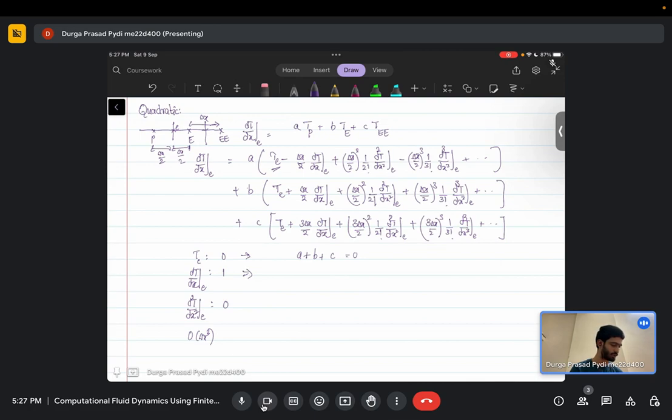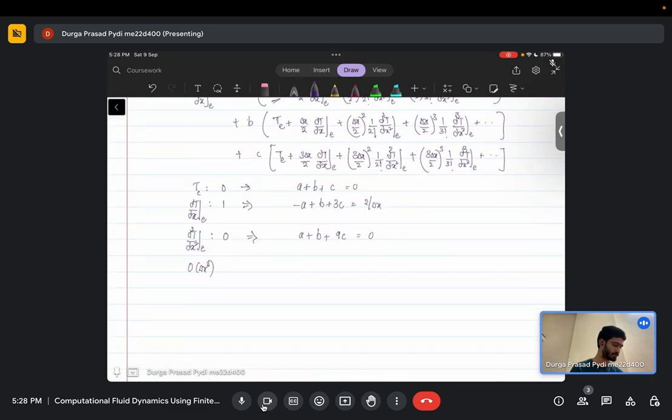From the second equation we have minus A delta x by 2, or if I just take delta x by 2 to the other side, we have minus A plus B plus 3C equals 1 times 2 over delta x. And from the last equation we have A plus B plus 3 square, that is 9 times C, the remaining everything will anyway be 0. So this will be my set of equations.